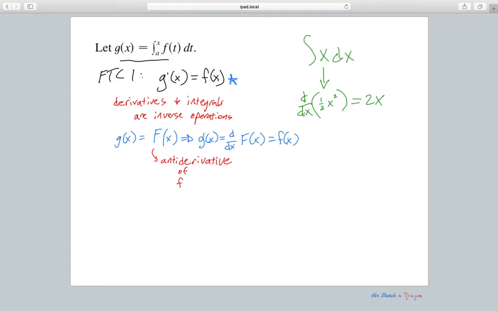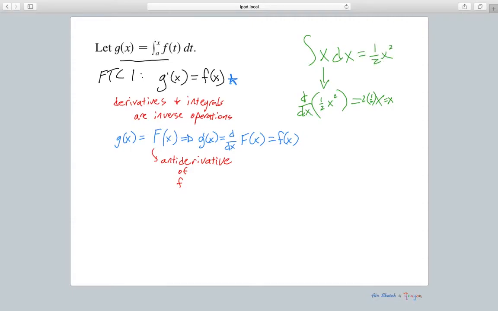So now when I bring down the 2, I end up with 2 times 1/2 times x, which is just x, which is what I wanted, right? So what we would say then is that the integral of x dx equals 1/2 x squared.